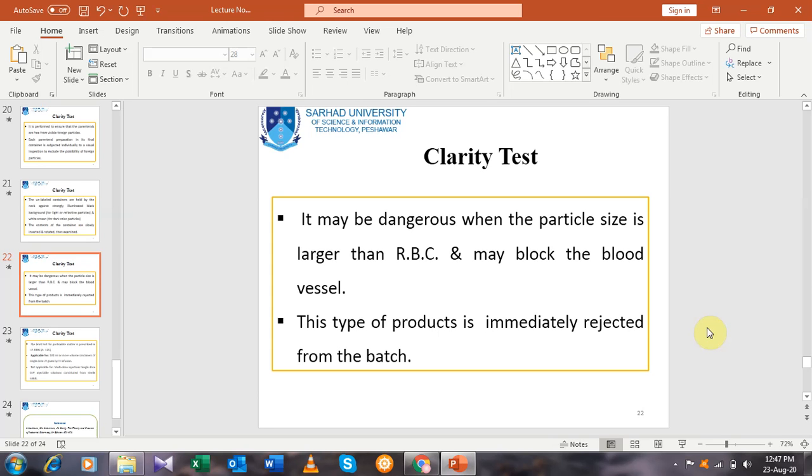That may be dangerous for the patient or individual taking the formulation. That's why the type of product having particles that are visualized by the clarity test should be rejected from the batch.